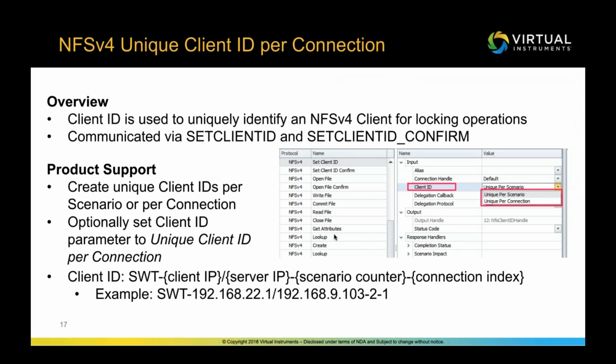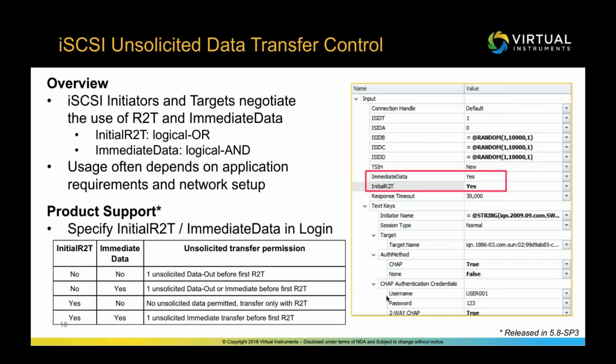The way we concatenate the unique client ID is that it starts with SWT, then the client IP address, server IP address, and scenario counter. All of that was the same before 6.0. What's new in 6.0 is the connection index that gets added at the very end, which allows us to keep that unique client ID.